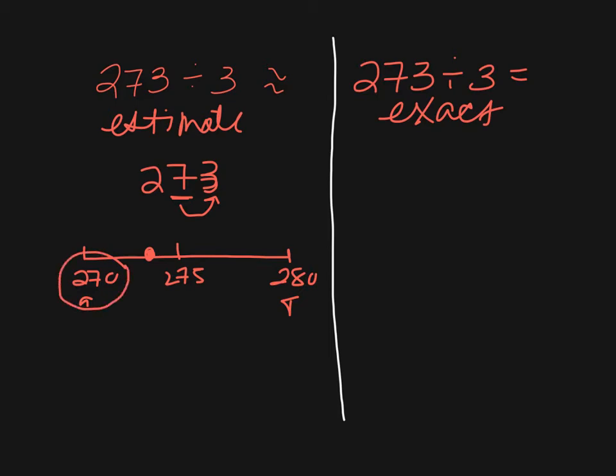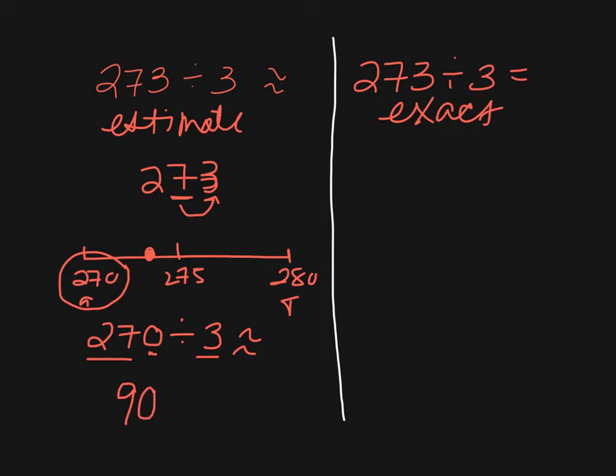So essentially one of the ways that we could do this is we could say 270 divided by 3 is approximately. And we used 270 for one reason, because 27 and 3 are basic facts. And we know that when you divide 27 by 3, that gives you 9. And then we have a 0 left over right here. So our answer would be 90.